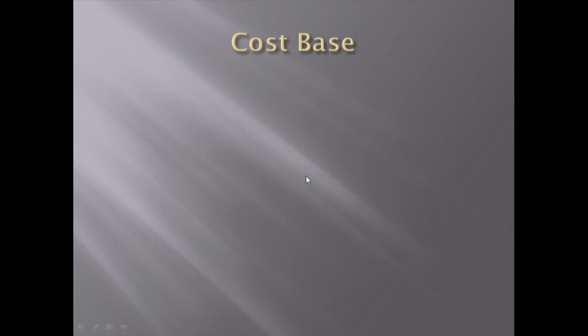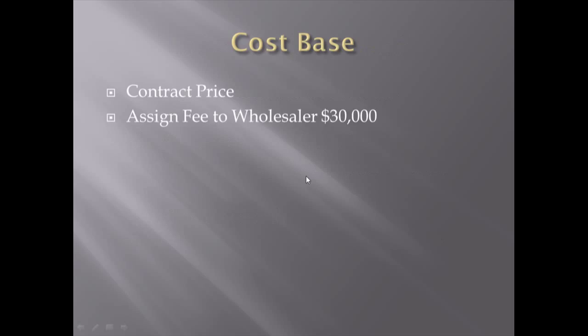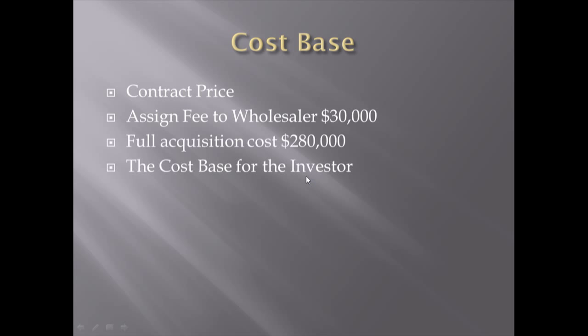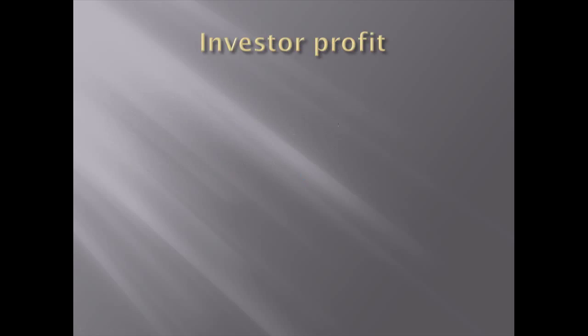For the investor, the total cost of acquisition is the contract price, which in this instance is 250 grand, plus the assignment fee, 30 grand, which is 280 grand. There's incidental costs on that which we won't worry about at the present time, but the cost base for the investor is 280 grand.